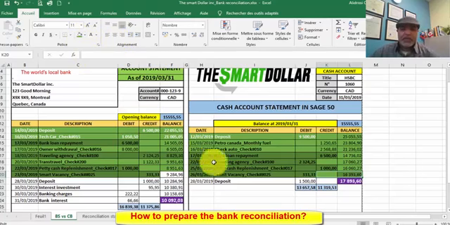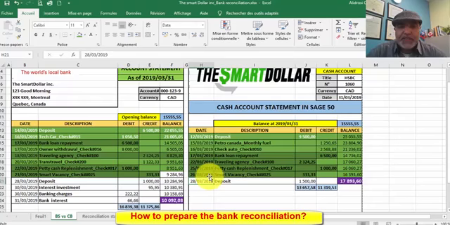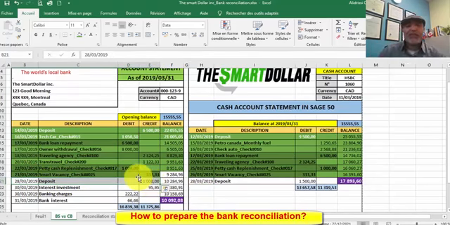Okay. So, look, on 28 March, we deposited some checks. The total value was $1,500, but here in the bank we found just 1,000, so the difference will be as deposit in transit.